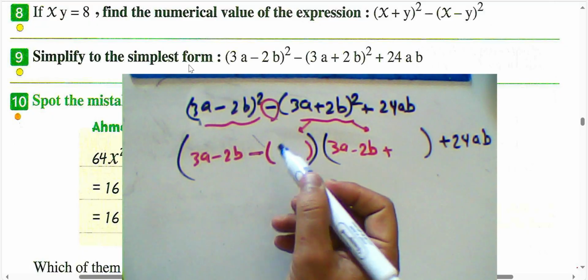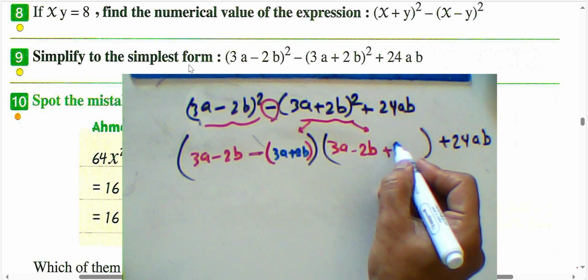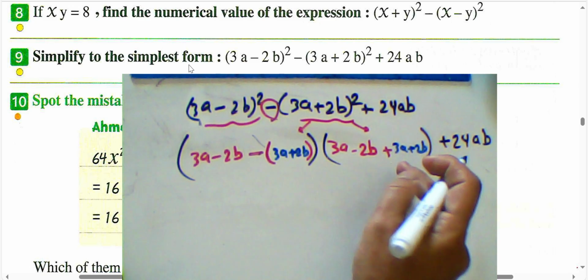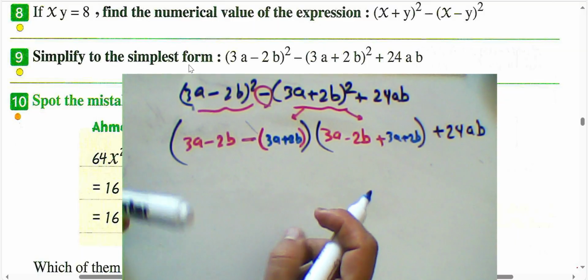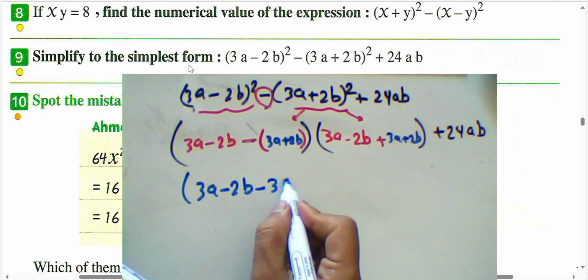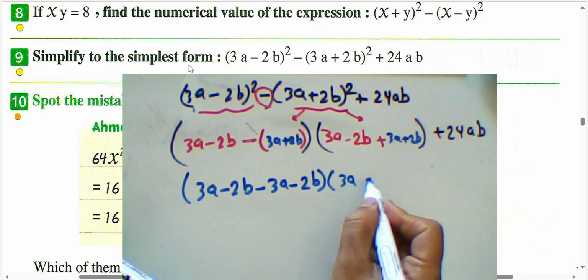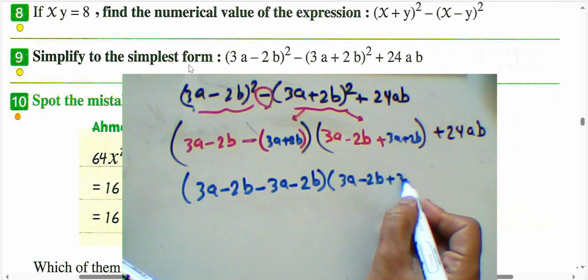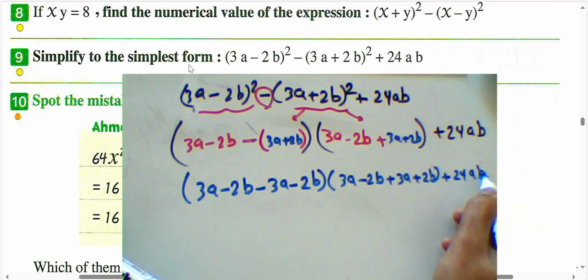Okay, 3a plus 2b, and here 3a plus 2b, because we have positive, don't change the sign. Okay, and then we can complete the answer. Write 3a minus 2b, negative times positive, negative, negative times positive, negative, and we have 3a minus 2b plus 3a plus 2b plus 24ab.